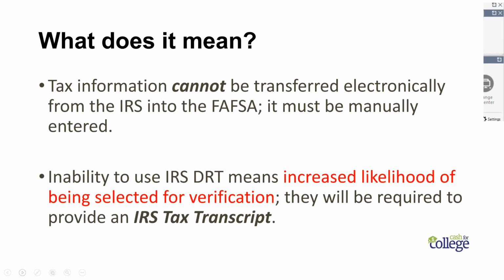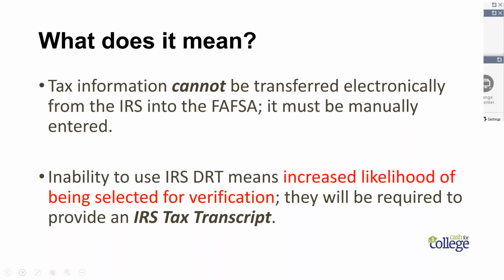So what does all this mean? Tax information can now not be transferred electronically from the IRS into the FAFSA, so it's going to have to be manually entered. And the inability to use this data retrieval tool means that students are more than likely going to be selected for verification, and they're going to have to provide an IRS tax transcript to their school.